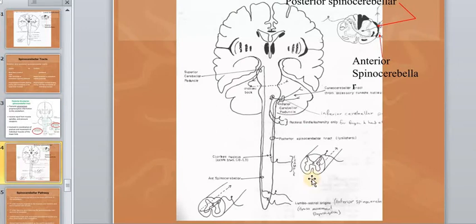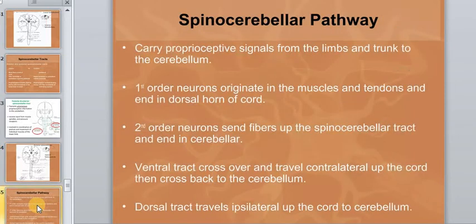And here one more, cerebellum, and here we can find the posterior spinocerebellar and anterior spinocerebellar tracts. So it is the location of these tracts. About neurons: they carry proprioceptive signals from the limbs and trunk to the cerebellum.